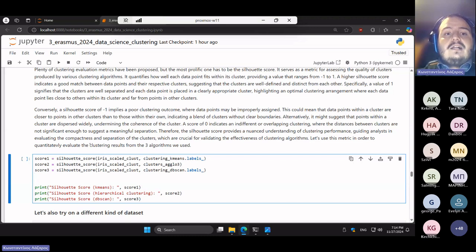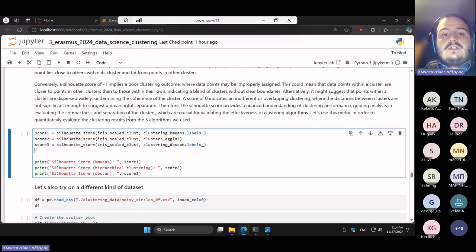If you get a value very close to -1, as you can see here, the data points in terms of clustering are chaotic, which means that clusters are all over the place. They do not really have any meaning for what we want to do, and thus you should go on and use something different. If you have a score which is 0 or very close to 0, then this is an indication that you do have some clusters, some groups of data points, but these are not 100% clear with each other.